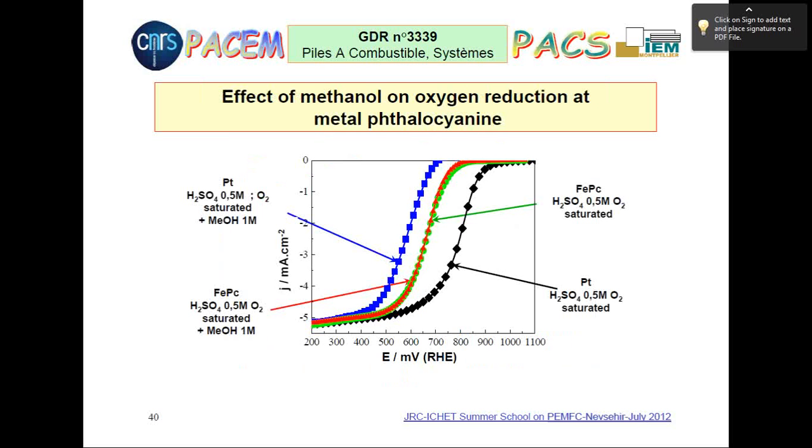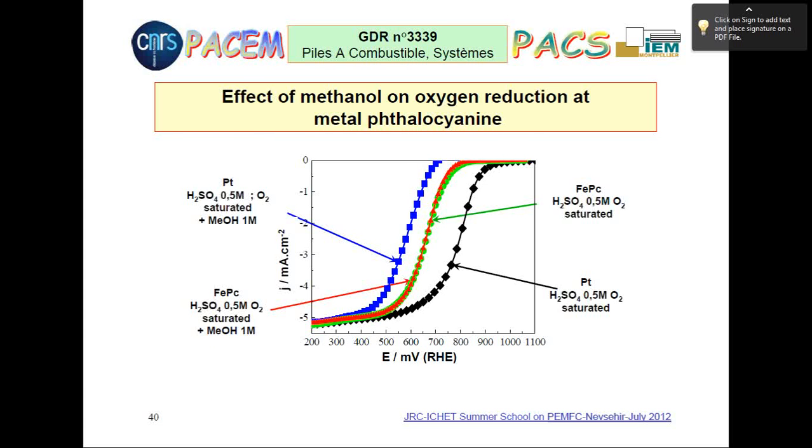But one point is, if you have methanol fuel cells, these macrocycles are insensitive to the presence of methanol. If you have crossover of the alcohol through the membrane, you don't modify the characteristics of the cathode. So it is interesting from that point of view.